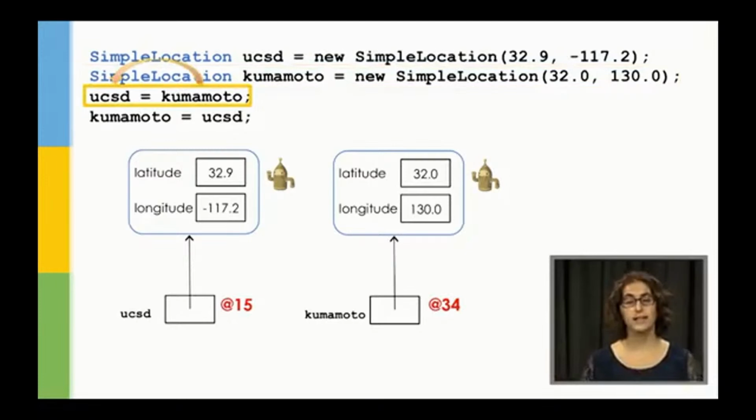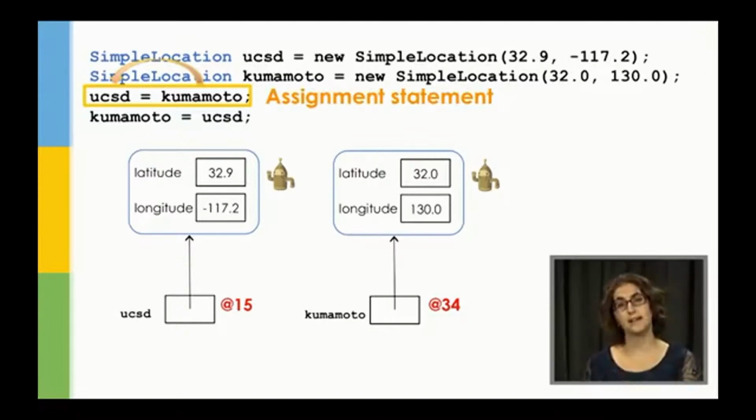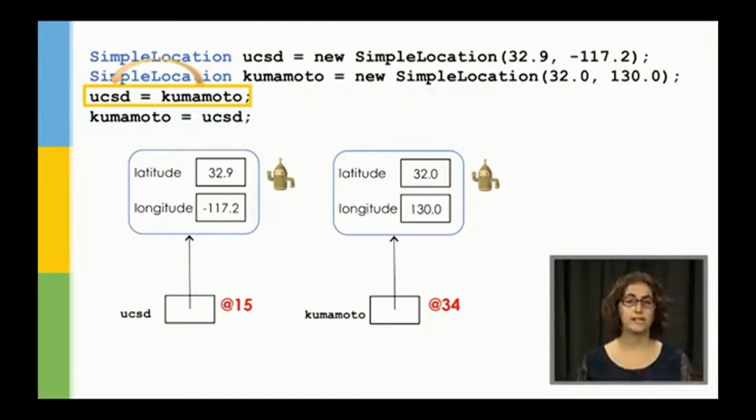All right, now we get to the third line, and in this third line, we're not creating any new objects. We're not declaring any new variables. What we're doing is an assignment statement. And with an assignment statement, what we would like to do is to assign the value on the right-hand side to the variable on the left-hand side. And so let's think a little bit more about what's actually stored inside these variables.